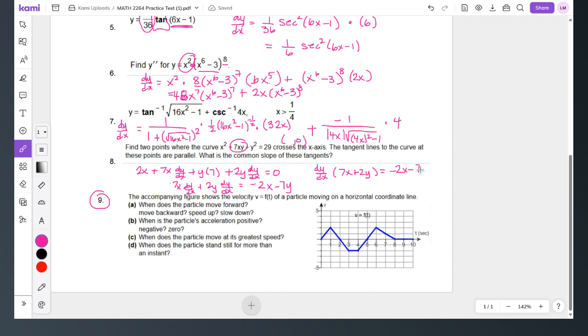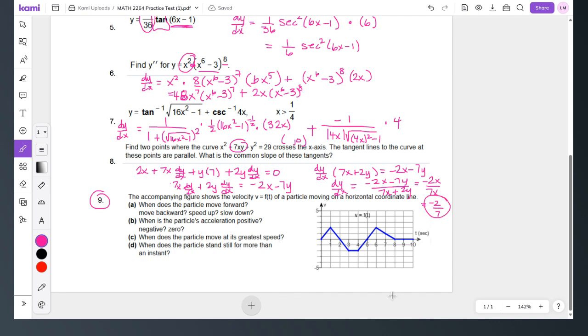And then divide. All right, so now it's asking for the slope at that point. Well, first of all, I already know that y is 0. And so I can plug in 0 for y, and I end up with negative 2x over 7x. So my slope would just be negative 2 over 7.